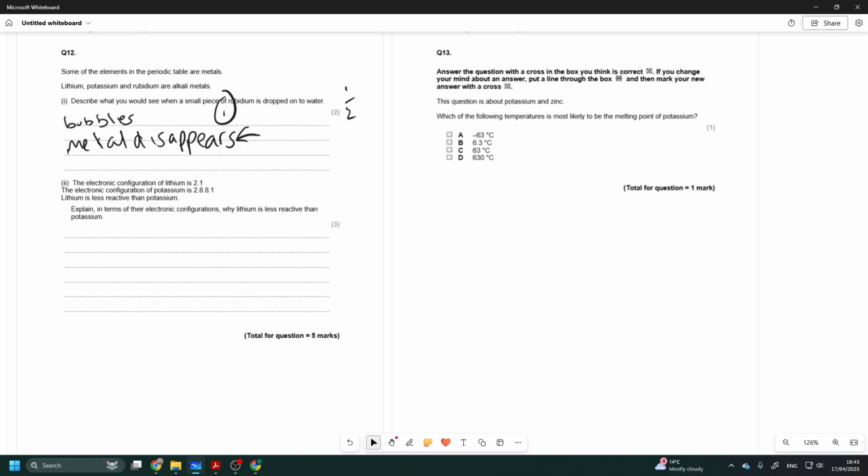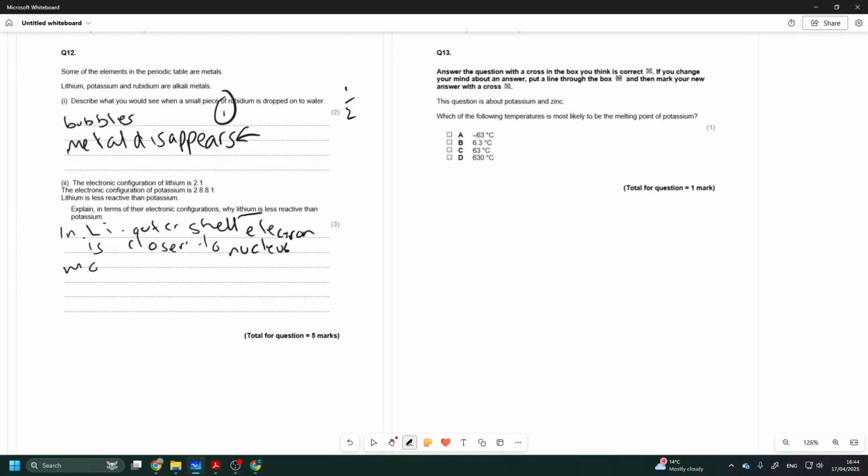Right, this next one is asking us to explain, in terms of electron configurations, why lithium is less reactive. Now, we've already done this the other way around, explaining why lower down things are more reactive. But it's asking us to say it about lithium this time. So we're going to say, in lithium, the outer shell electron is closer to the nucleus.